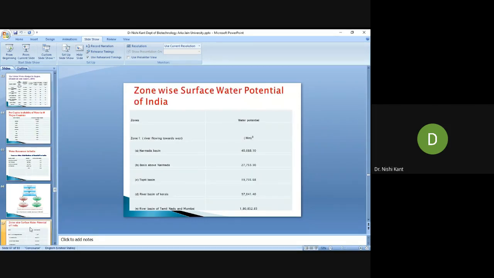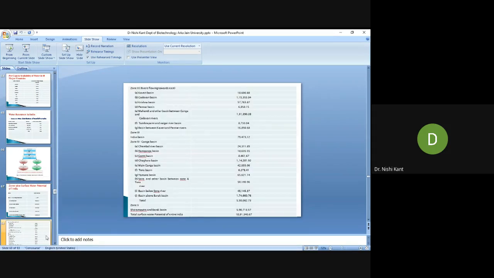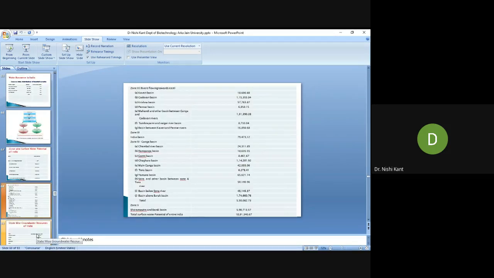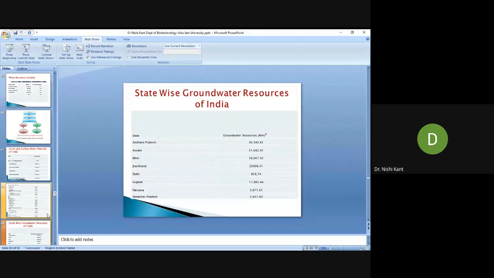This is the zone-wise surface water potential of India, the potential of surface water and groundwater resources of India. In the past, several attempts were made to assess the total utilizable water resources of India.